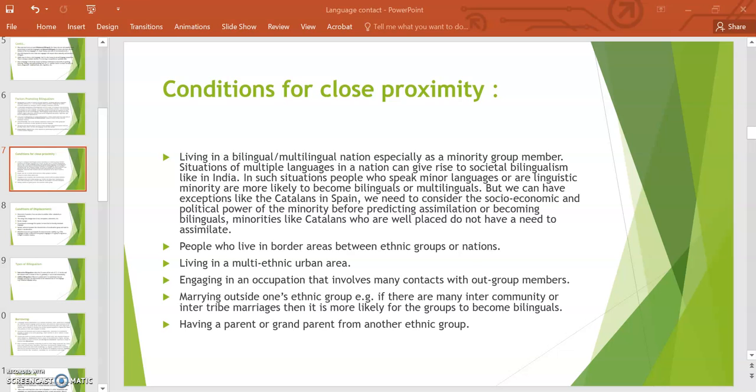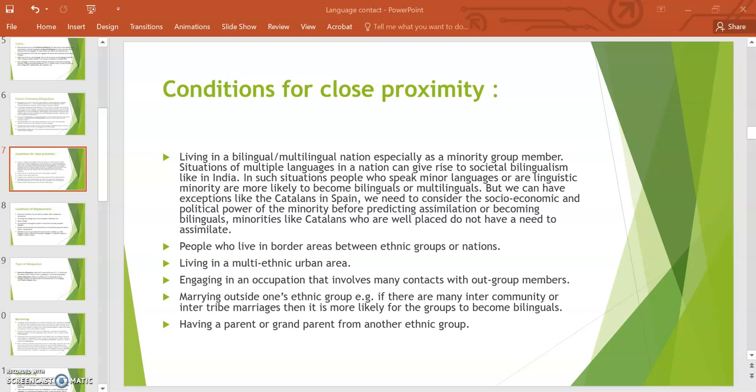They speak Bhojpuri, Maghi, Awadhi in addition to Hindi. That's why it is very difficult in India to find somebody who is totally monolingual, doesn't know any other variety or language. In such situations, people who speak minor languages or are linguistic minority are more likely to become bilinguals or multilinguals.